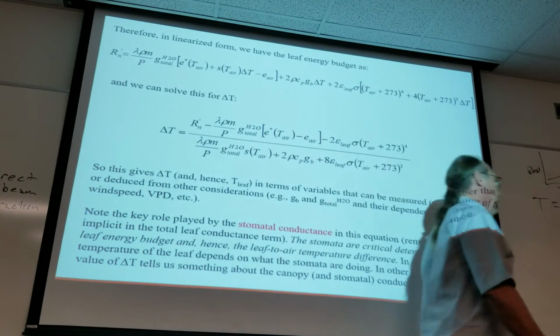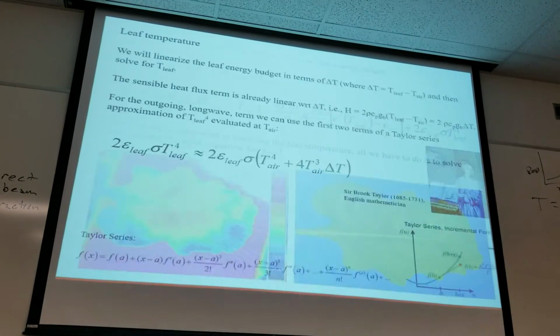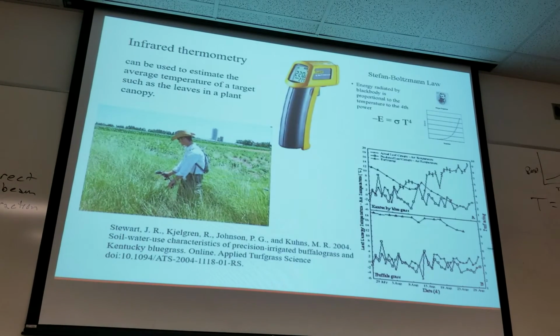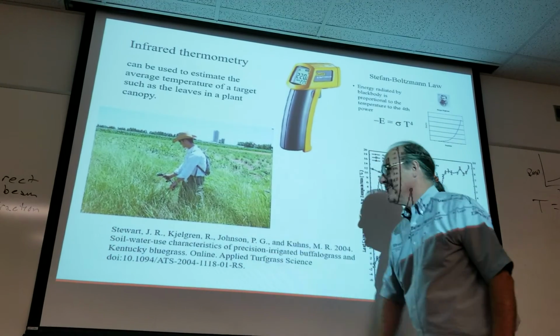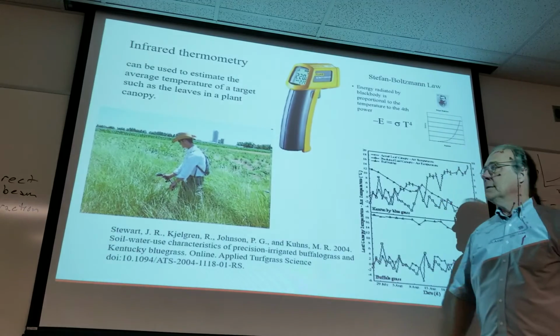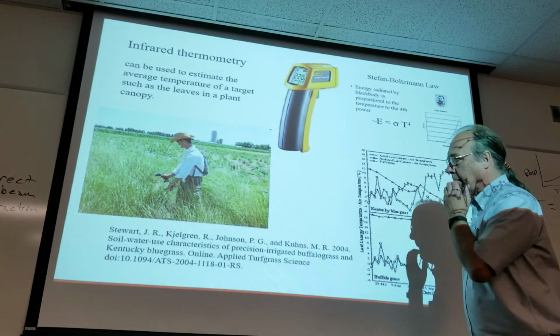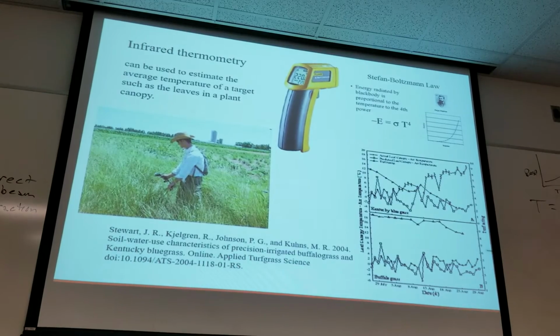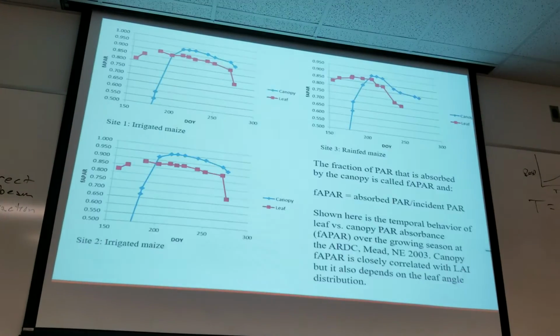And that's what the people in this paper were doing, using properties of the canopy to infer what the stomata are doing. This is just a picture of somebody out in the field.